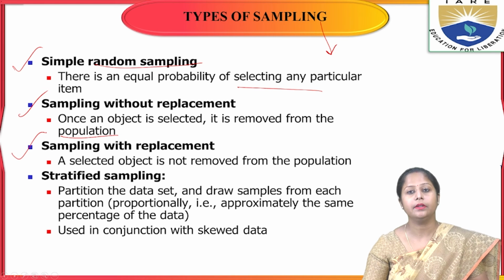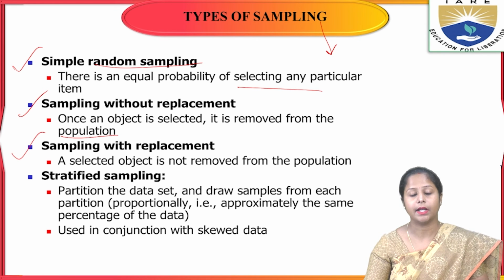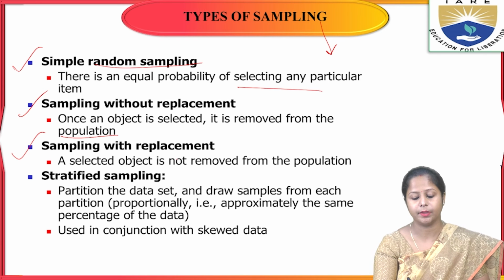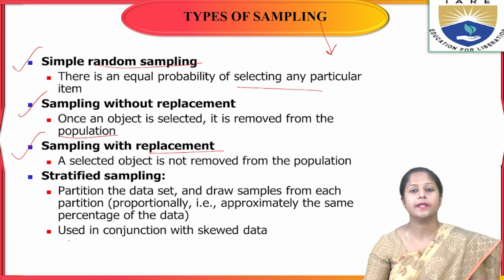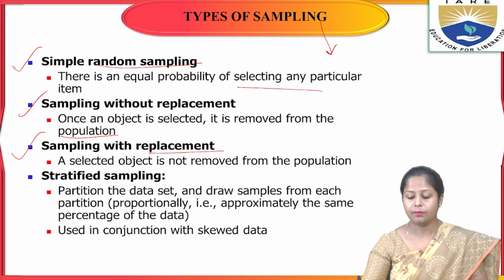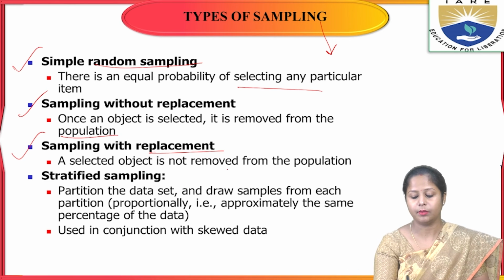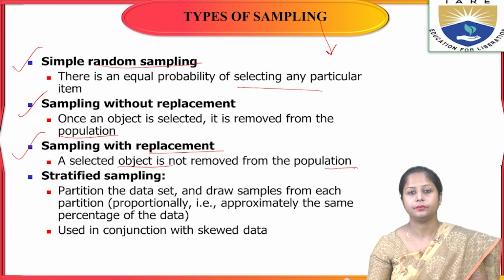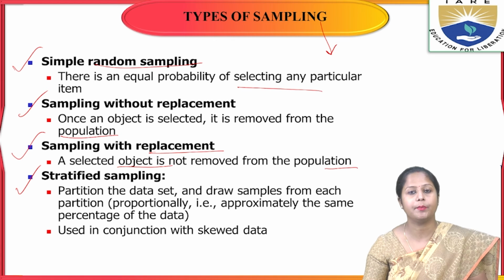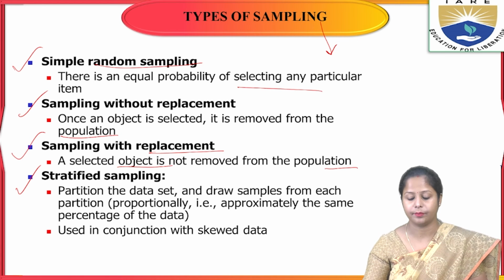Another is sampling with replacement. That was without replacement; this is with replacement. In this, a selected object is not removed from the population. Then stratified sampling. What is that? Partition the data set and draw samples from each partition, proportionally, approximately the same percentage of the data.